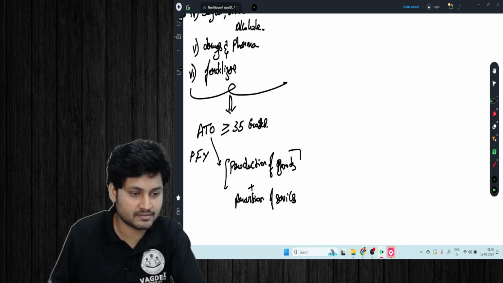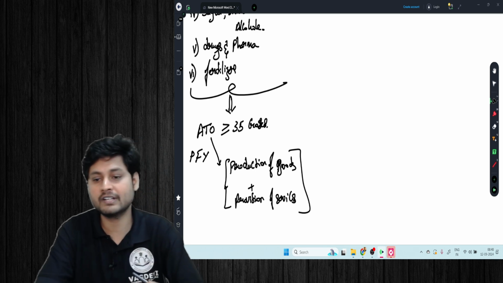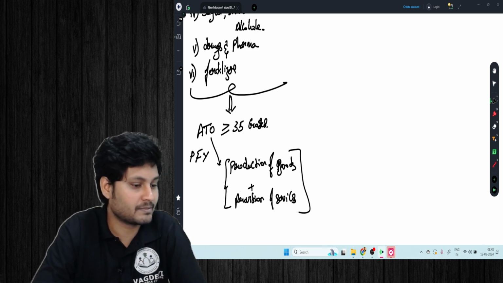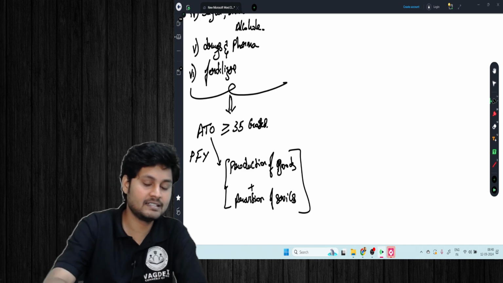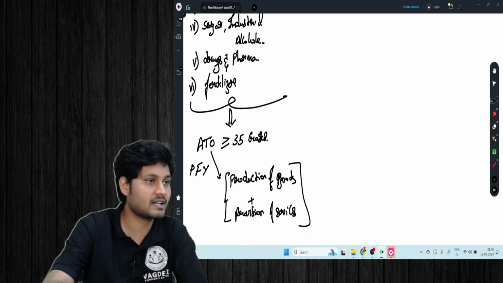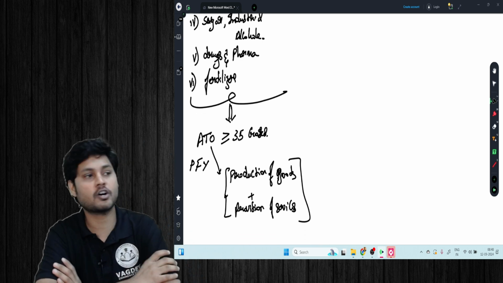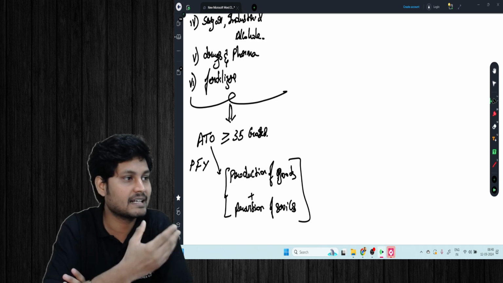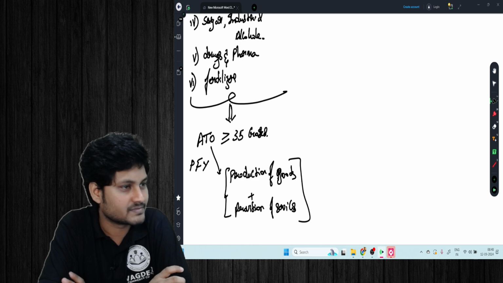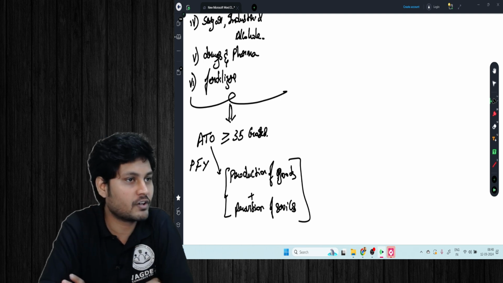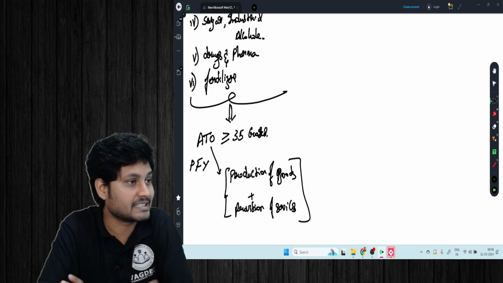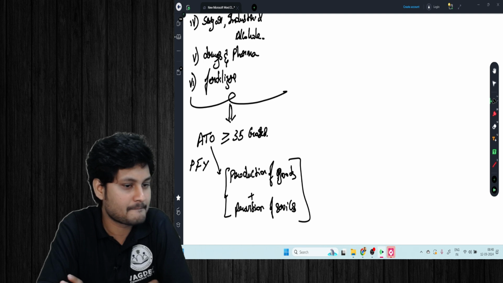So put together, if the overall aggregate turnover exceeds or equals 35 crores in the preceding financial year, then those sectors are required to maintain the cost records, which include the utilization of materials, labor, and other elements of cost. That's it. This is section 148, subsection 1, read with rule 3. Easy? Very simple.